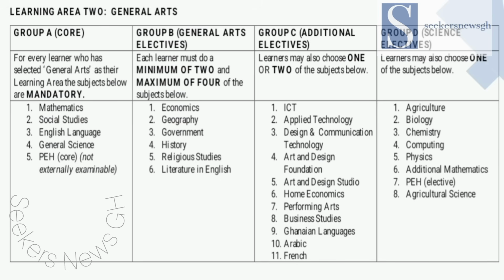Find out from the schools that you want to choose if they will be able to do those programs or the learning areas before you send your ward to the school. All the schools will make arrangements for these, and they will make their various subject combinations. So we'll have Art 1, Art 2, Art 3, Art 4, Art 5, Art 6, Art 7, and they will all be doing different learning areas.